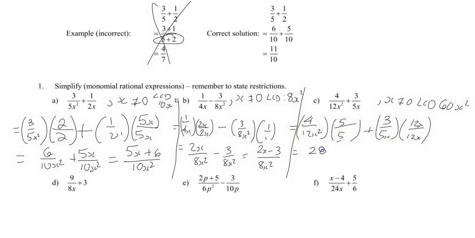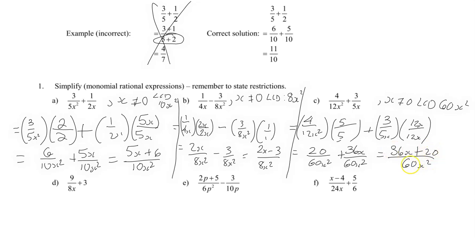So we get 20 over 60x squared plus 36x over 60x squared, which is 20 plus 36x. Actually, let's put the variable first. So let's go with 36x plus 20 over 60x squared. And now you can see, well, okay, hang on.